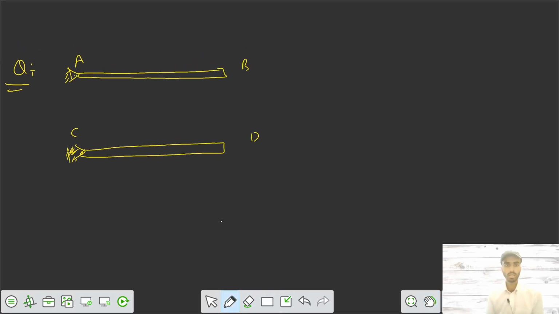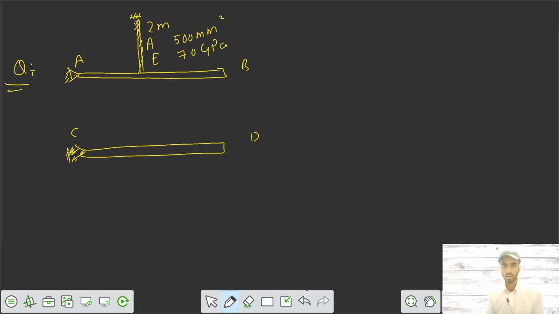Here one rod is made up of aluminum, supported here. Length is 2 meter, area of cross section is 500 mm square, and Young's modulus is 70 gigapascal.